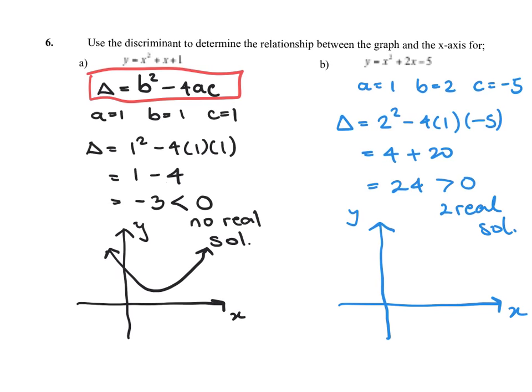What does it mean in the relationship between the graph and the x-axis? It means that the graph is going to cut the x-axis twice. So two real solutions, one here and one there. Beautiful. See you soon. Bye.